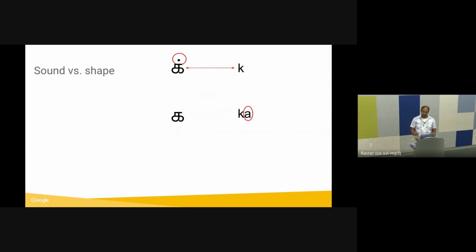In this case, the base shape has an implicit short A sound. So that also means to get the pure consonant, one without the short A sound, you actually have to have a symbol, usually some type of small circle or semicircle or stroke to indicate that this is a pure consonant, there's no vowel.